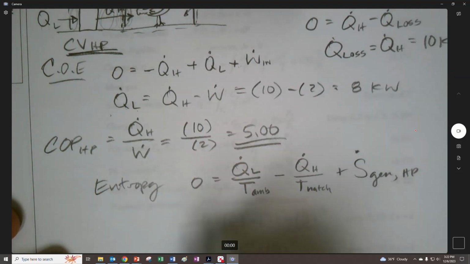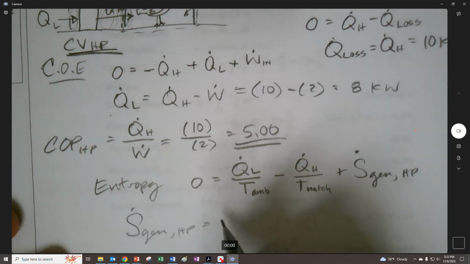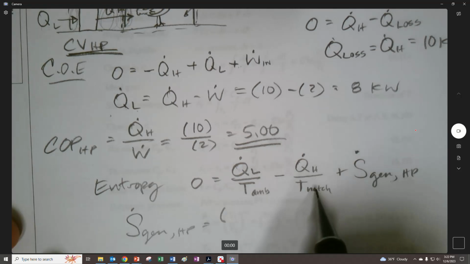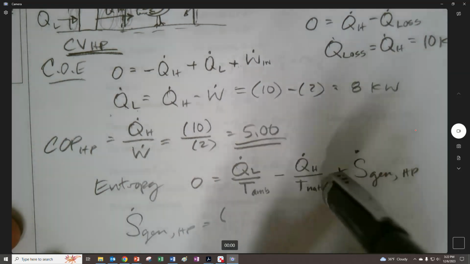So I'll write this out as S gen heat pump. And now, of course, these things flip. So you're going to have the Q. This is going to be the first one. No, it shouldn't be. One second.